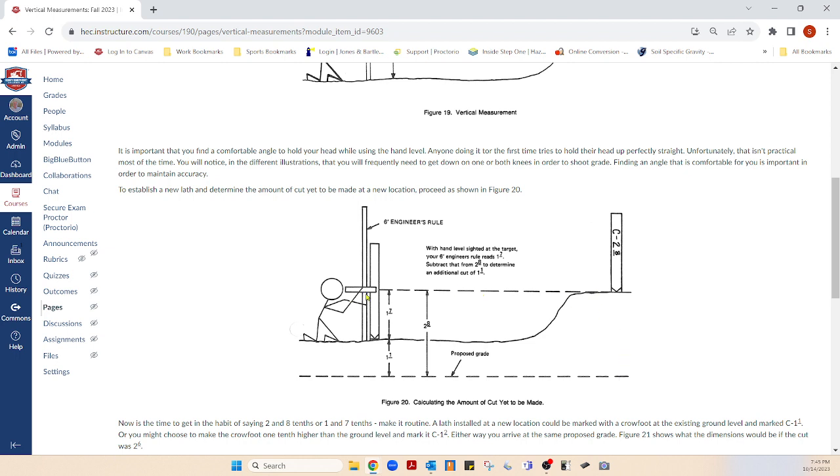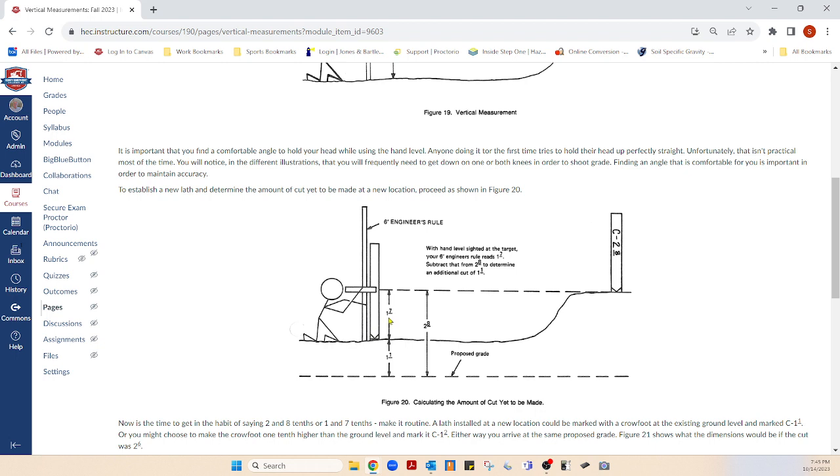Now, look at it over here and think for a minute. What is he reading on that grade? It's telling you right here. From here to here, that's his reading, because this is the bottom of his engineer's rule.